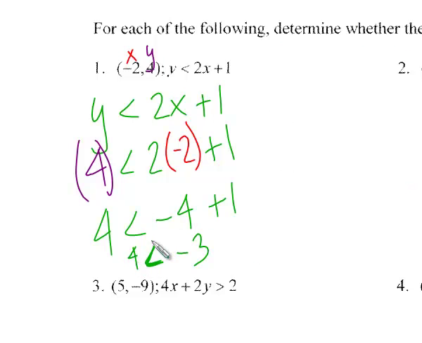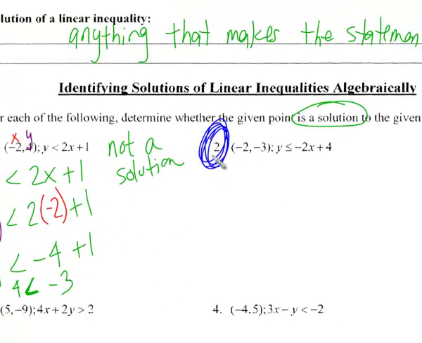If 4 is less than negative 3, then it's true. If 4 is not less than negative 3, then it is not a solution. Whenever we look at this, 4 is not less than negative 3. Therefore, this is not a solution. I want you to do number 2 on your own.